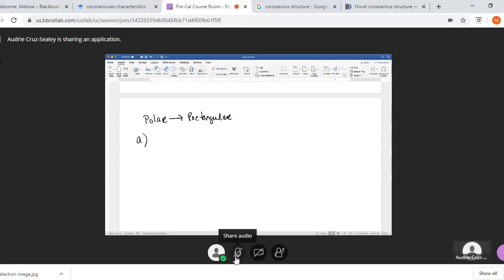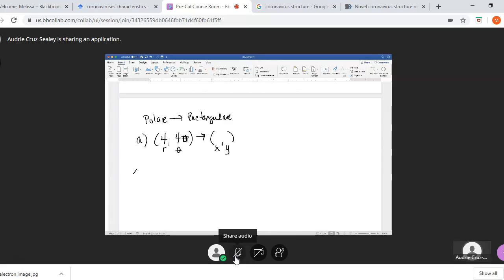So A says 4, 4 pi. So this is your r, this is your theta. We are trying to find x and y.